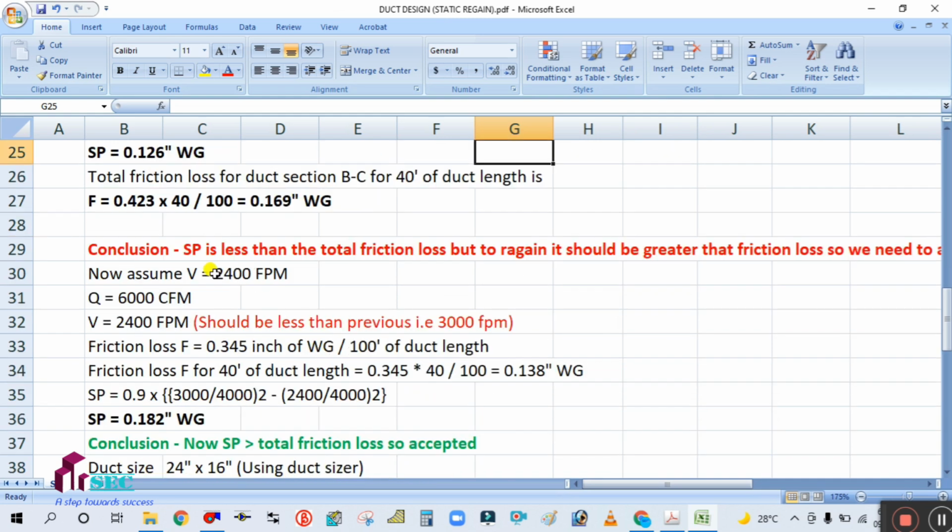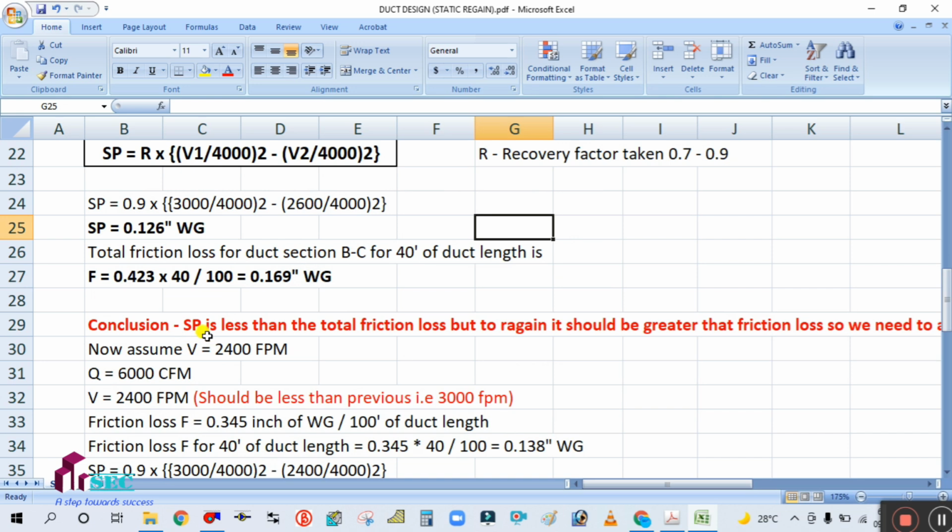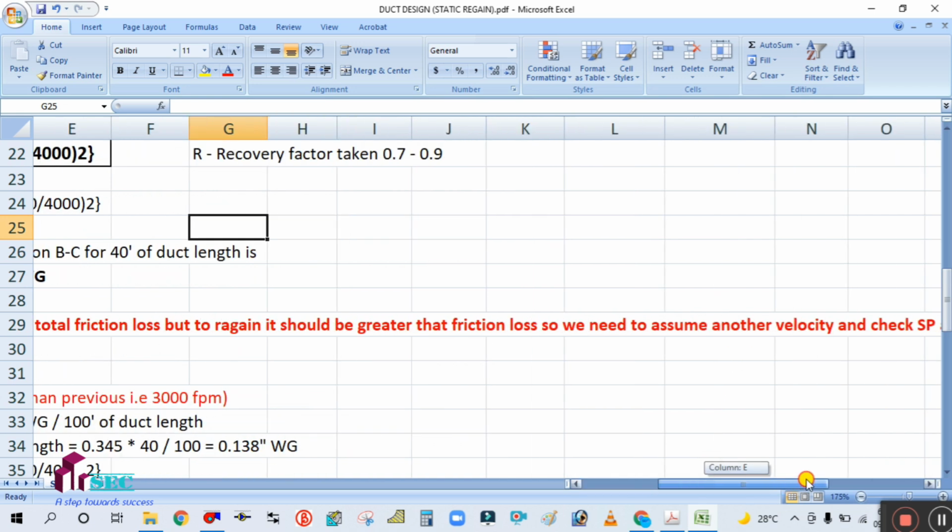So the conclusion is that static pressure is less than the total friction loss, but to get the regain, it should be greater than the friction loss. So we need to assume another velocity and check the static pressure again.